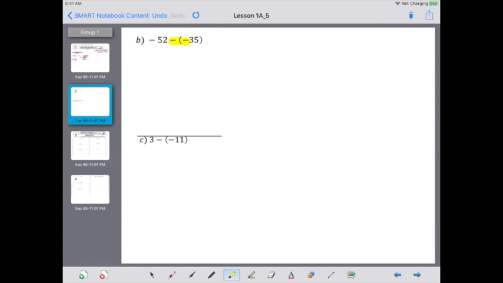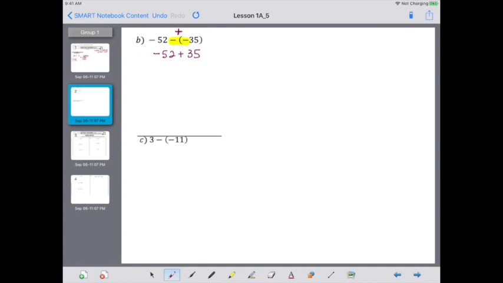When you see a negative and a subtraction sign together, like we have in this example, it creates a positive value because what it's saying is that I'm taking the opposite of negative 35. The opposite of negative is going to be positive 35. So it's negative 52 plus 35. It could be rewritten. A negative and negative or subtraction and negative make a positive value.